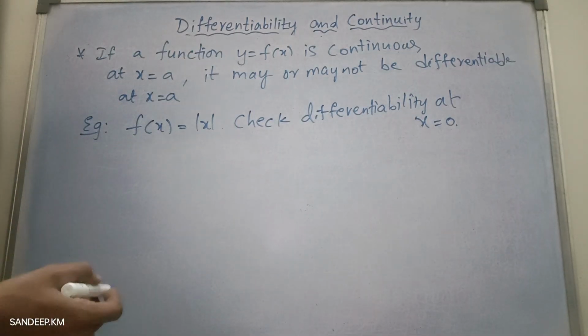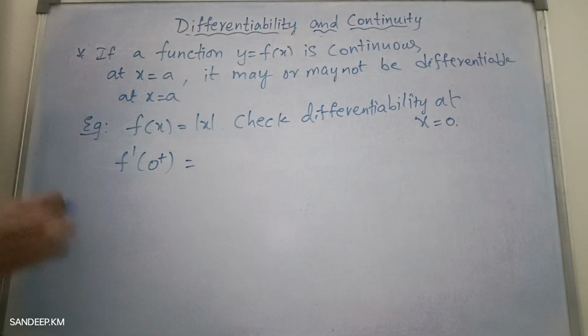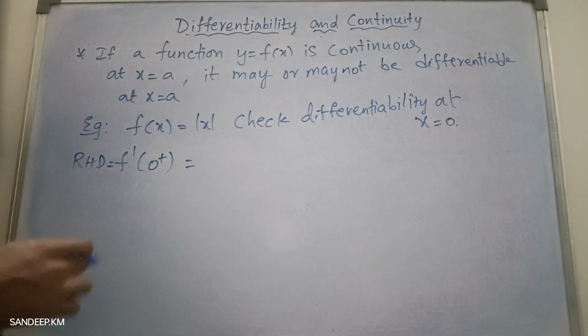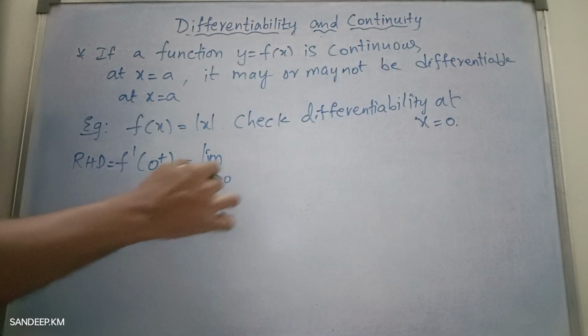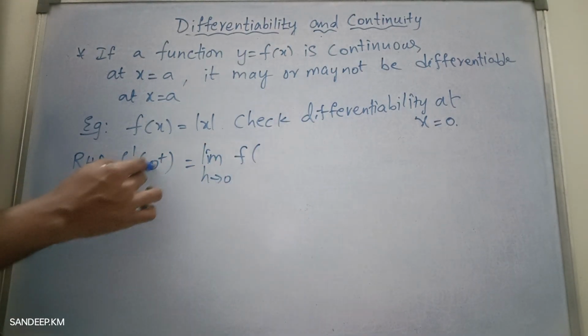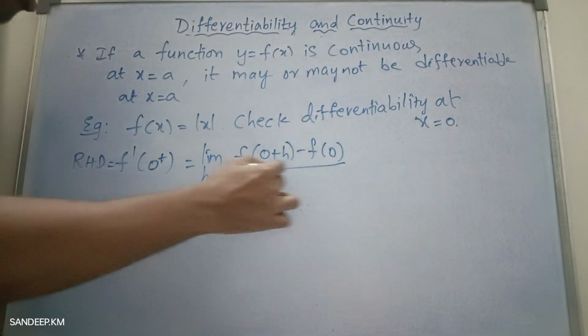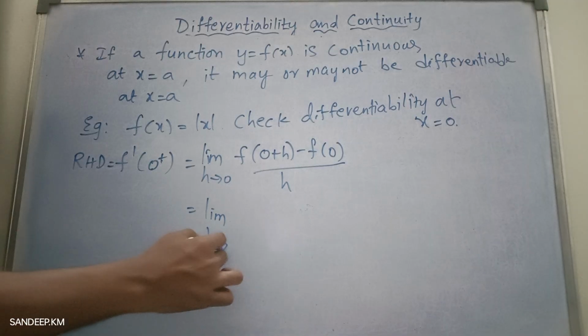So to check differentiability, first let me find the right hand differentiability. F dash of 0 plus, RHD. I am first finding RHD, right hand differentiability, f dash of 0 plus. And the formula is limit h approaches 0 of f of 0 plus h minus f of 0 whole divided by h. So which is equal to limit h approaches 0.